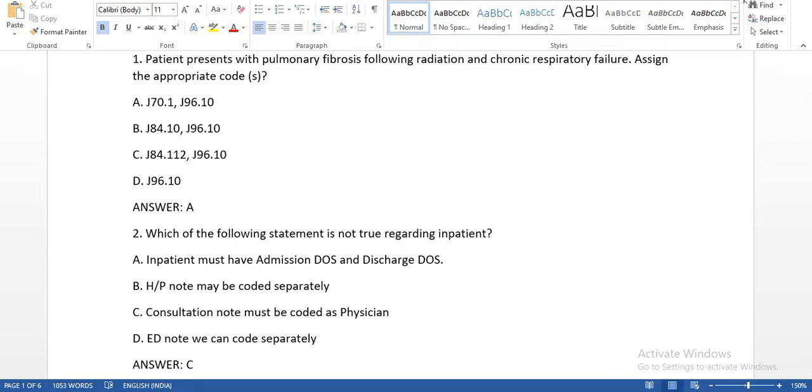It leads to J96.10, and we need to verify these two codes in the tabular list. There is no rationale for this question. It is a direct question only. We just need to check the keywords, find them in the ICD-10 index, and check them in the tabular list.